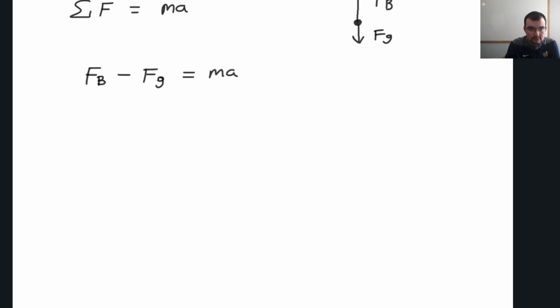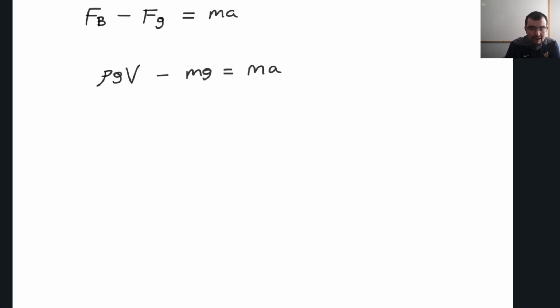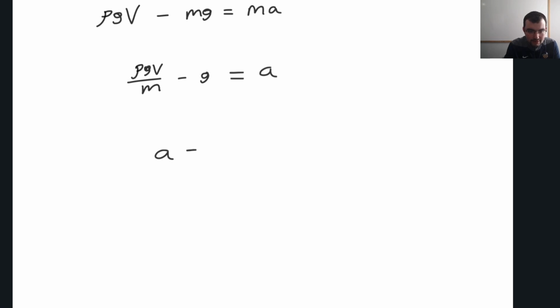For the buoyant force, the general expression is rho g V, and then the gravitational force is mg. And then I'm just going to divide through by m to get rho g V over m minus g is equal to a, which is a correct answer, but I'm just going to clean it up by factoring out that g.